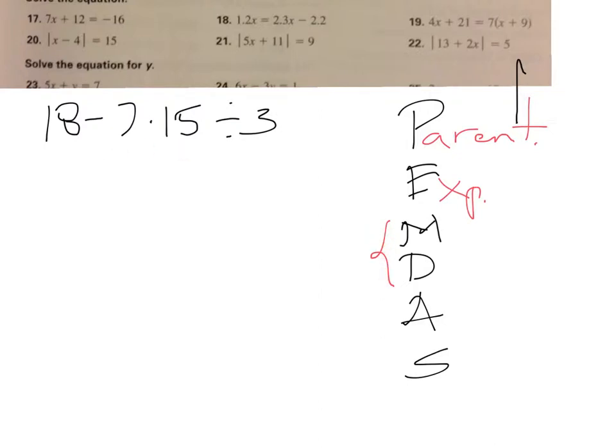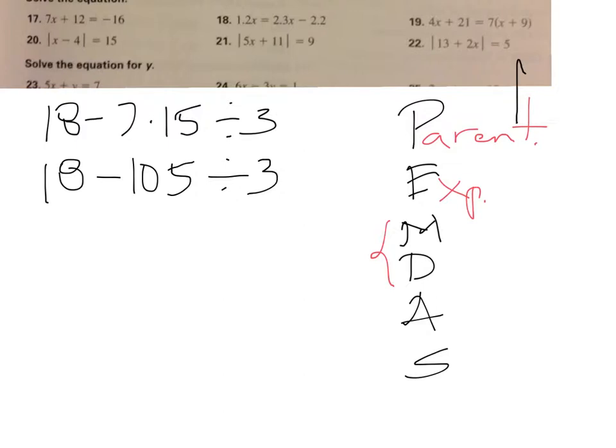So I'm going to bring down the 18, and then that negative 7 times 15, I'm going to multiply those two. 7 times 15 is going to be 105. So it's going to be minus 105 divided by 3. I haven't divided yet; I'm just going to do a step at a time.